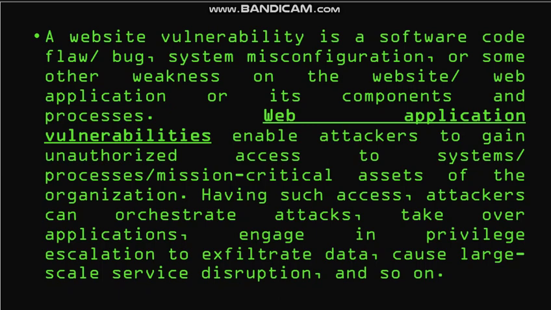You can ask, how can a website vulnerability be exploited? Website vulnerabilities are unavoidable, and most web applications will have a few vulnerabilities. The key concern for organizations should be the exploitability associated with the vulnerabilities.